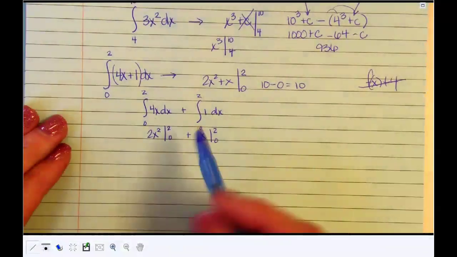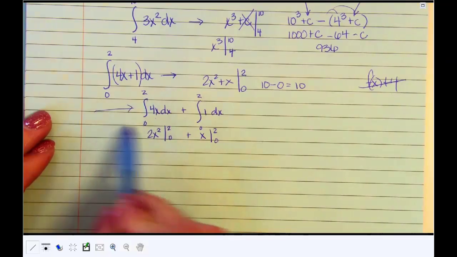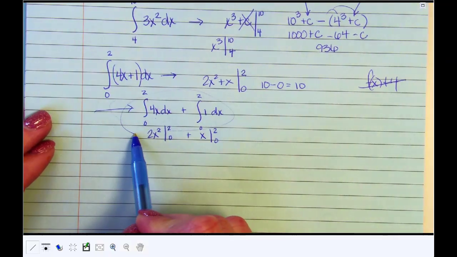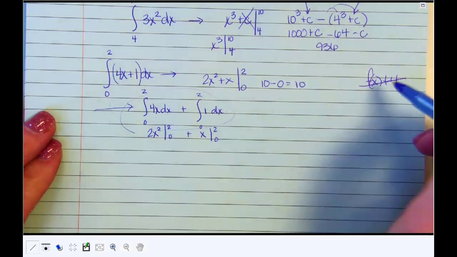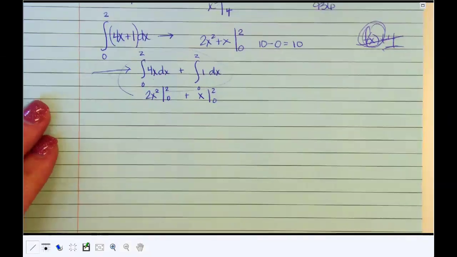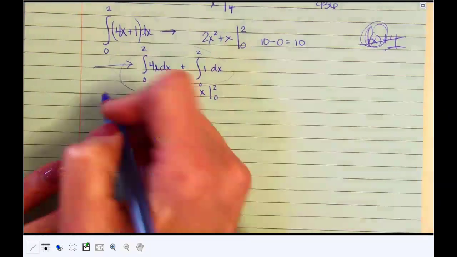Anyway, I think this answers your question. I would not split them up because it's the same. You don't have to split it up if it's an f of x and then a 4 like that. But let's talk about this.